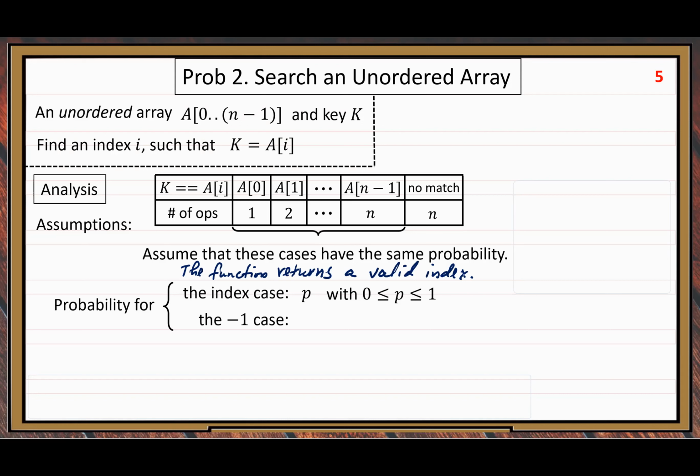But that number should be given before you calculate the average case efficiency. Then the no match case has probability 1 minus P, because it is the complementary case, right?